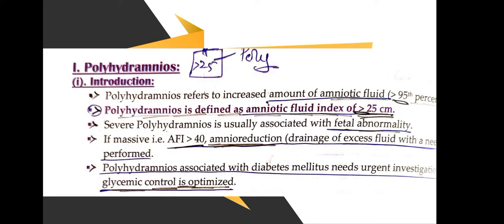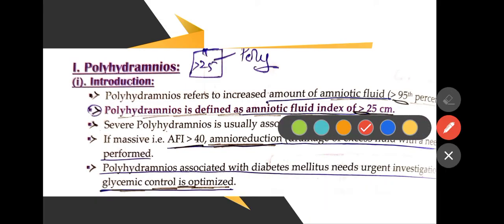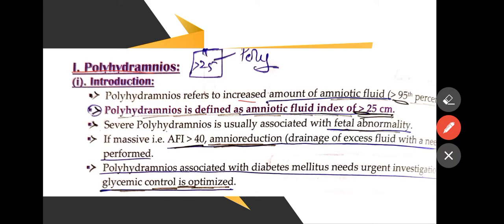Now, polyhydramnios is a condition characterized by an increased amount of amniotic fluid, greater than the 95th percentile. It is defined as an amniotic fluid index that exceeds 25 centimeters, and severe polyhydramnios is usually associated with a fetal abnormality.